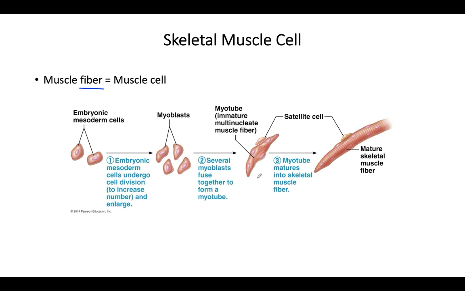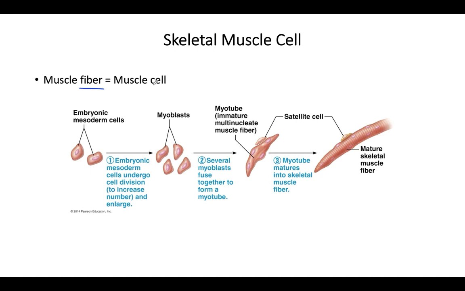This myotube becomes a precursor of a muscle cell and matures into a skeletal muscle fiber. Since several cells fuse together to form a fiber shape, we call the muscle cell a muscle fiber. So muscle fiber means muscle cell, same meaning.